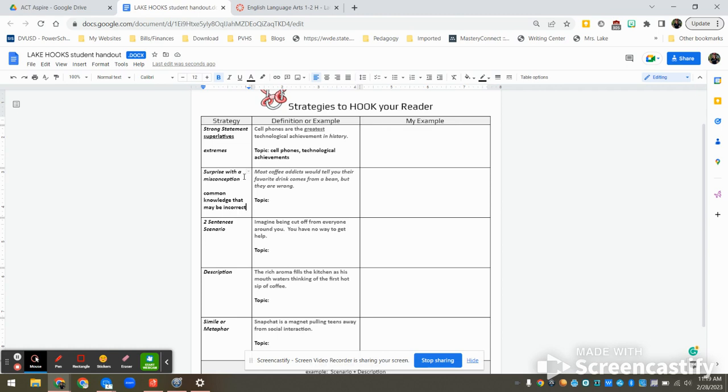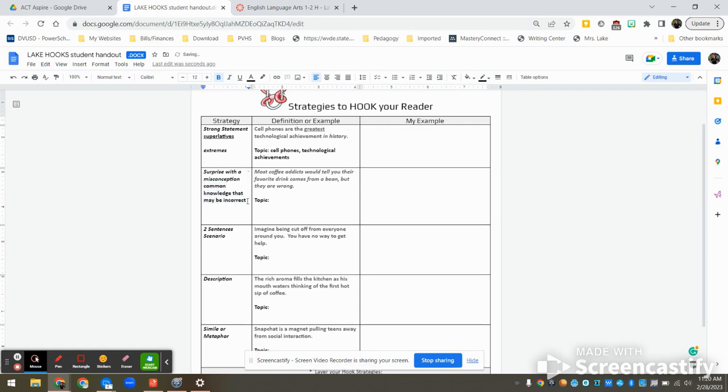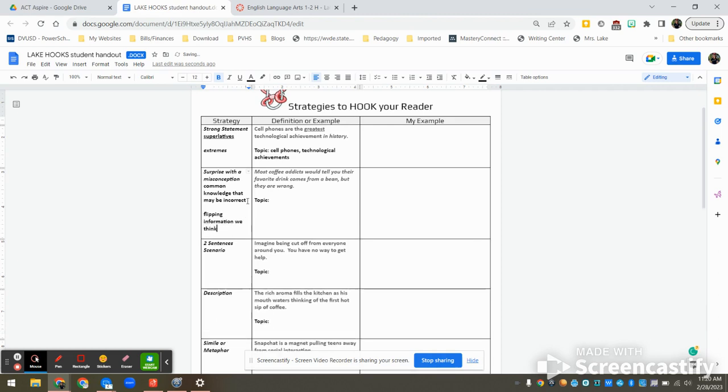That's what they're talking about here: most people would tell you coffee is a bean, a coffee bean, but that common knowledge is incorrect. They're bringing us in by giving us this information we think we know and then tricking us. They're flipping that knowledge on its head. Make sure you know that this is common knowledge that may be incorrect and that they are flipping information we think we know.